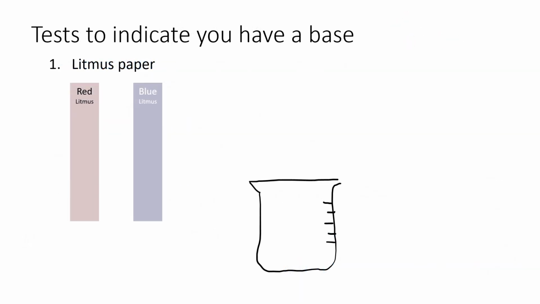So our first key test, and this is a test that you've seen time and time again, is litmus paper. Now, if we recap with acids, we remember for acids, the red paper stays red, and the blue paper turns red. Now, for bases, the reaction is somewhat different in the sense that our red litmus paper turns blue.